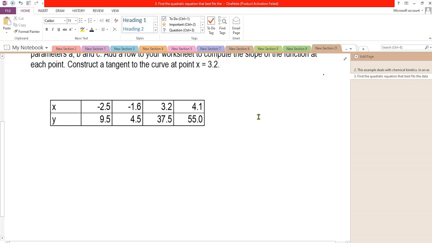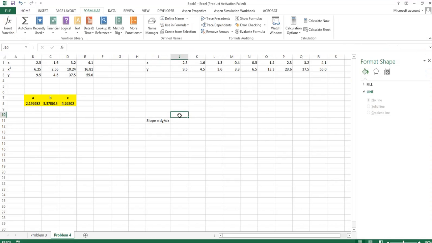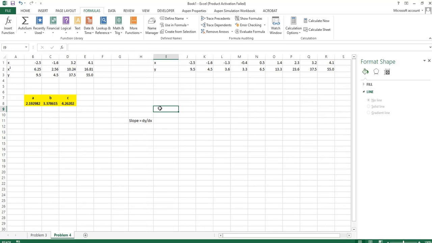Now for the slope, at this point, let me move this back and space this. Let me call this backward slope.